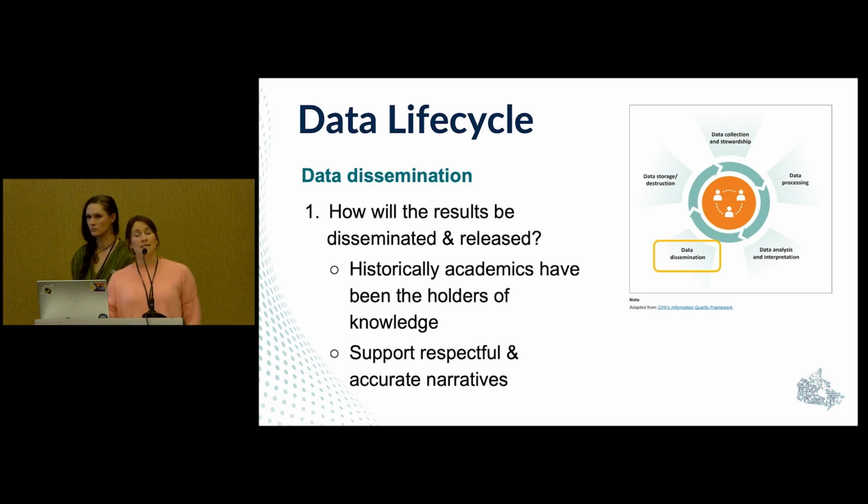I know, for example, in Ontario, the Institute for Clinical Evaluative Services has a great process in place to make sure that whenever folks are conducting research on Indigenous populations, they have engagement with the communities themselves, and the approvals before any of that information is released. So there are a lot of different things that we can put in place to protect and mitigate harms to individuals through research.